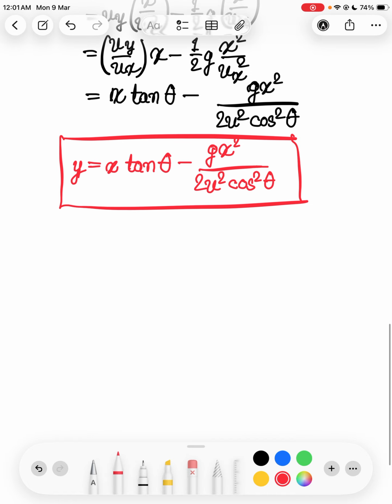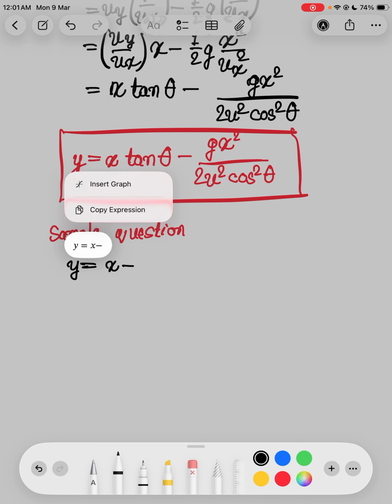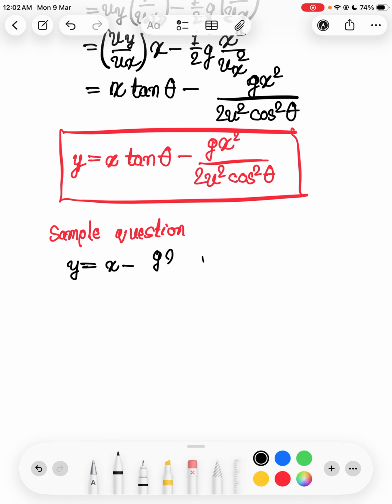So there can be a sample question, like let us look into a problem. For example, take y is equal to x minus g x square divided by 4u square.